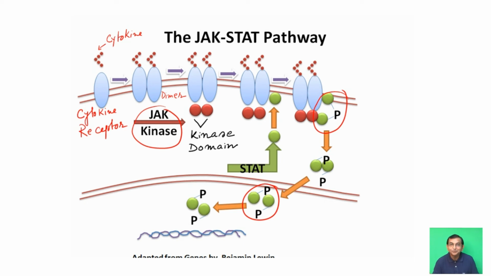So here we can see the JAK-STAT pathway, which has only three components: JAK, STAT, and the cytokine receptor. The signal is passed and the gene is activated through a transcription factor.